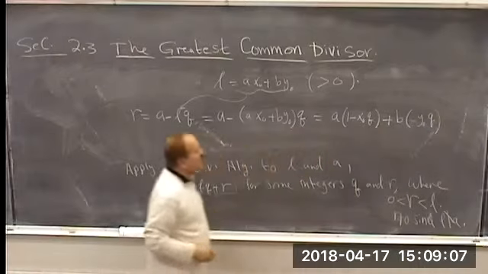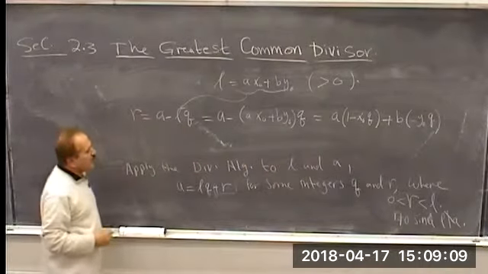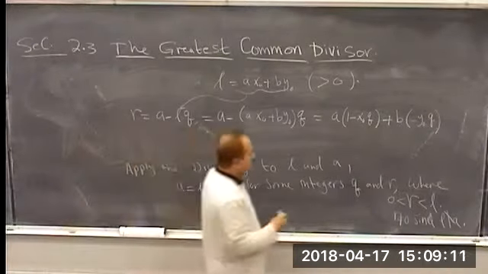All right, so we come up with an element. This is actually in C plus because it has the same form as elements in C, as well as because R is positive. All right, so this is positive, so this belongs to C plus.